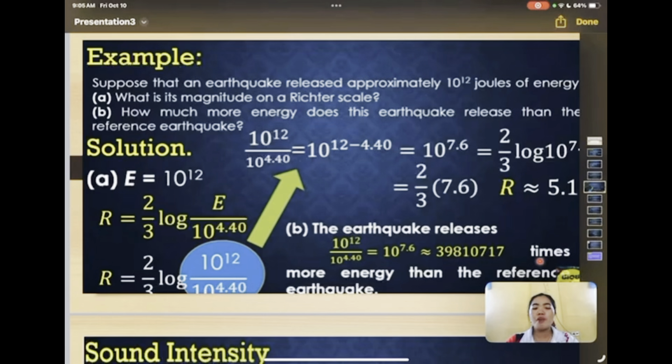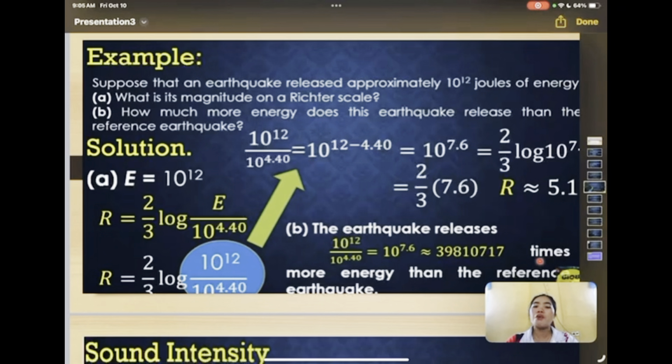Since we are dividing 10 raised to the power of 12 over 10 raised to the power of 4.40 with the same base, kindly recall the laws of exponents. What are we going to do with the exponents if we are dividing with the same base? We are going to subtract. So that is 10 raised to the power of 12 minus 4.40, which gives us 10 raised to the power of 7.6.